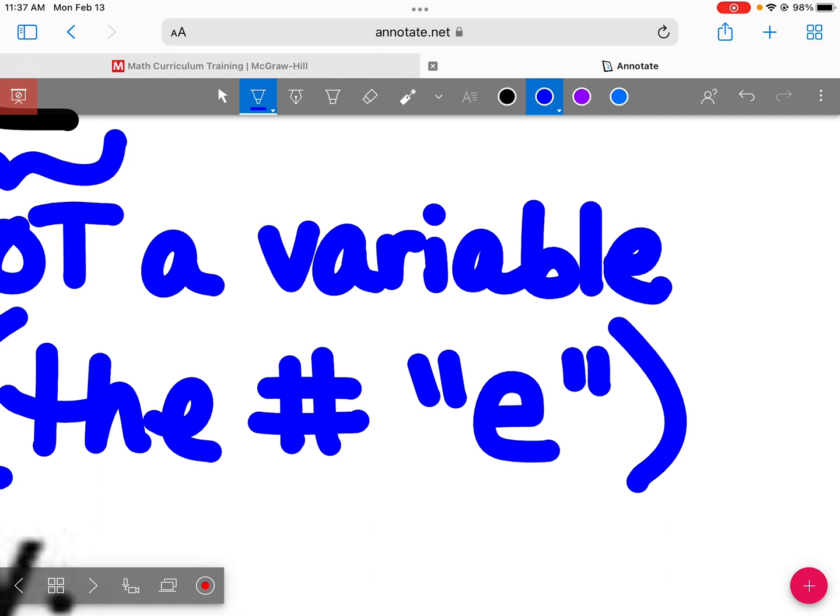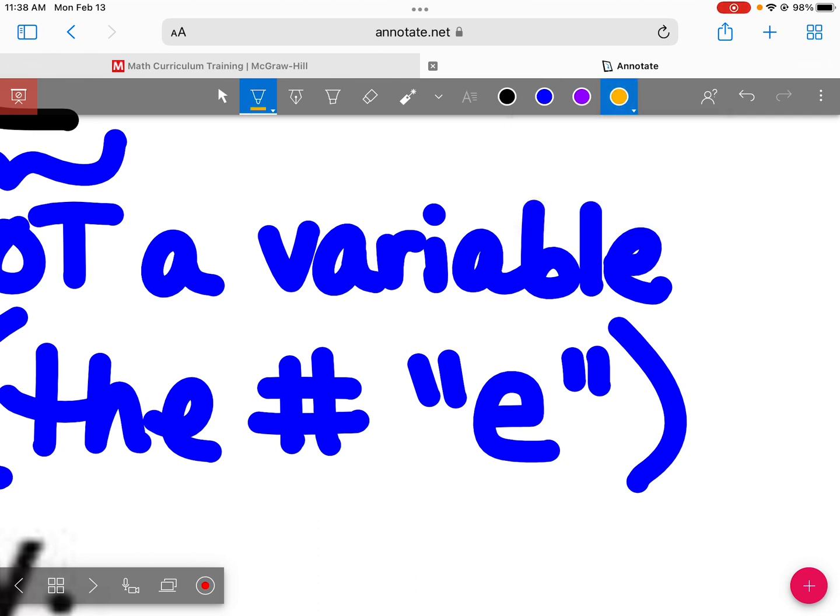How do you get to the number E on the calculator? Second and LN, which is 2 buttons below the E. So we are not substituting in a number for E. E is a number. E is a special number that we talked about on the very front part of these notes.